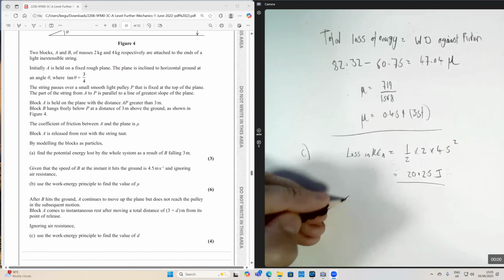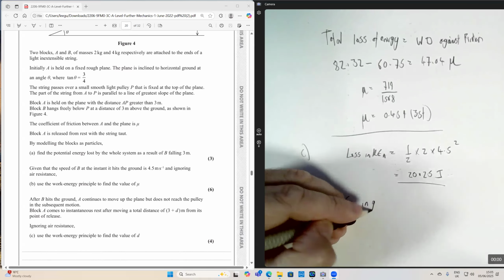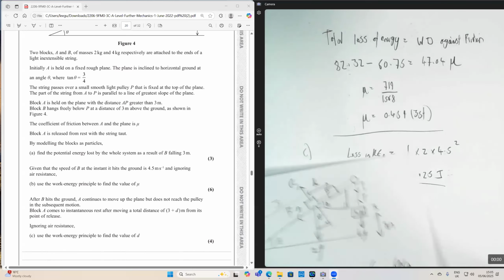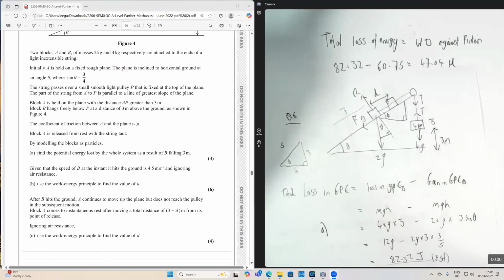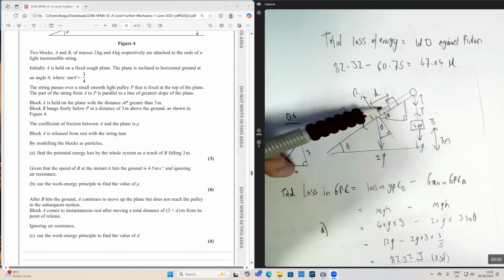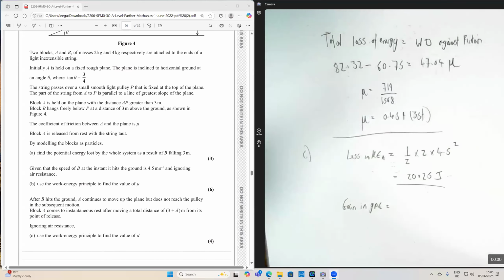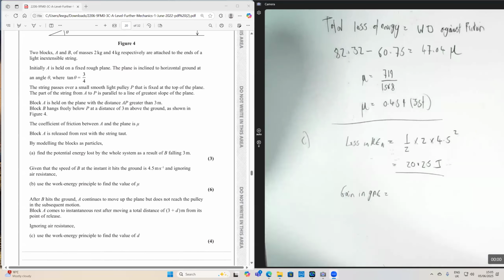Let's look at the gain in gravitational potential energy. Well, we can see that it's moved a distance of d along there before it comes to rest, and that's going to be d times sine theta for how much it's moved up vertically.